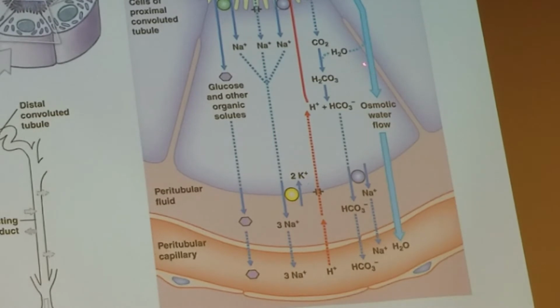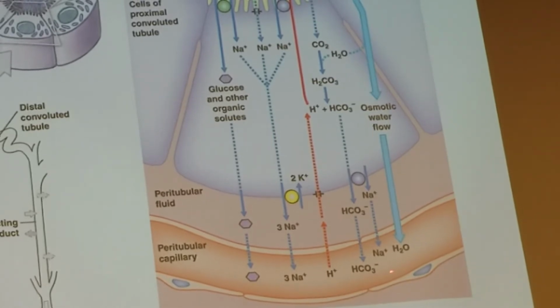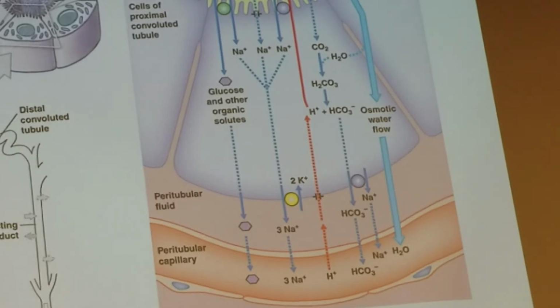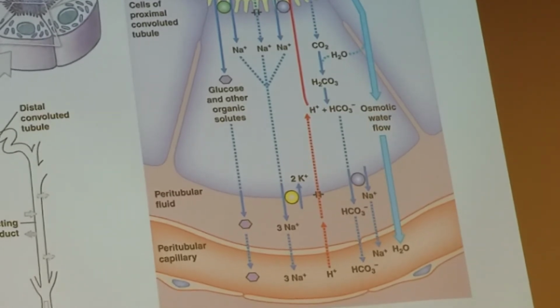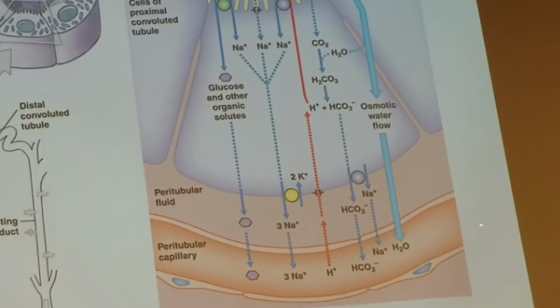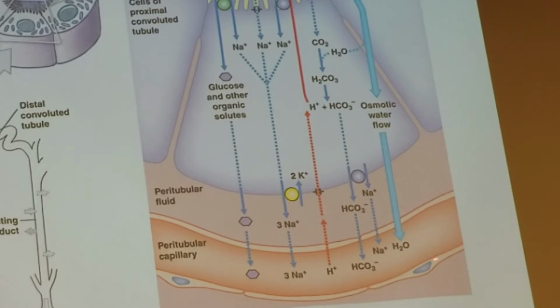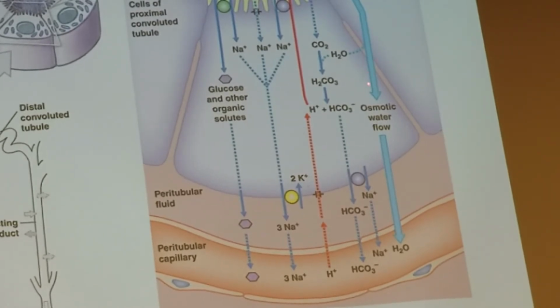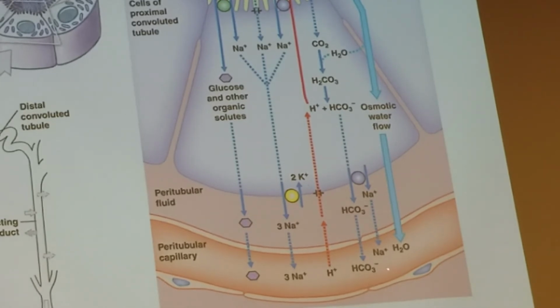Have no worries, the water will follow that. So as I lose solutes and water, I don't change the concentration, I just lower the volume. Because I'm moving both solutes and water equally. And they're going into the peritubular capillaries. This is why I get 108 liters of water per day, because my water is following my sodium.